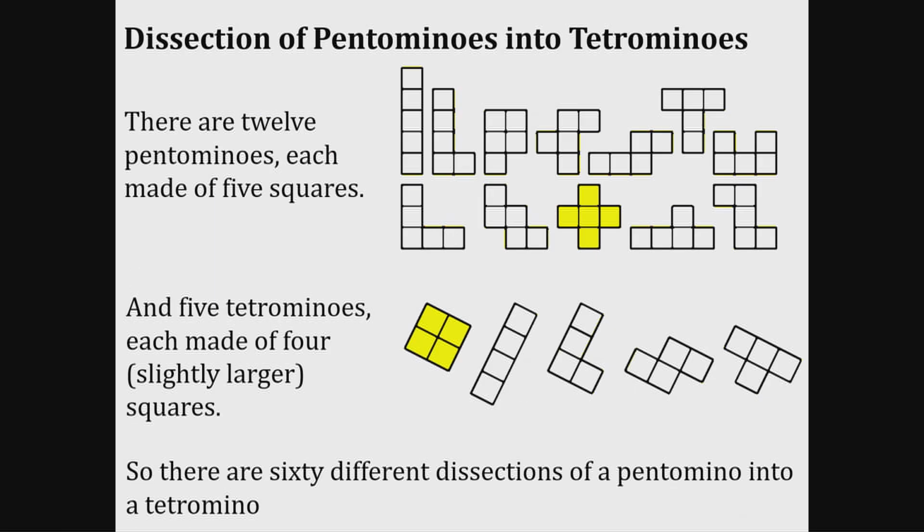The Greek cross is one of the 12 pentominoes, things made from 5 squares, and the square is one of the 5 tetrominoes, things made from 4 slightly larger squares. So if there's a dissection of pentominoes into tetrominoes, there are going to be 60 of them. That is Sam Loyd's dissection and 59 more.